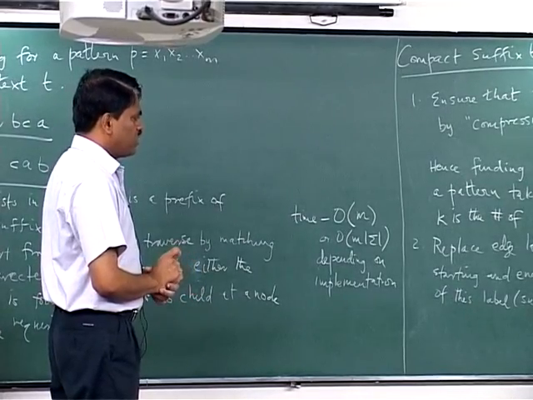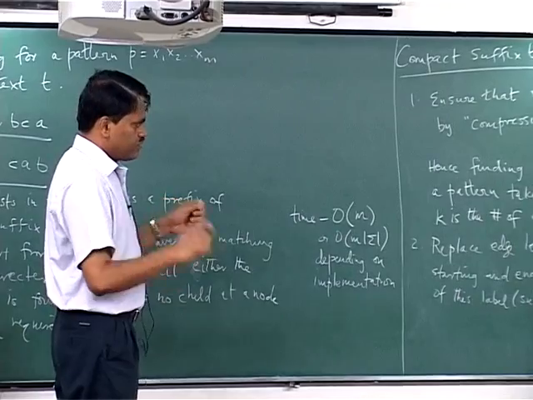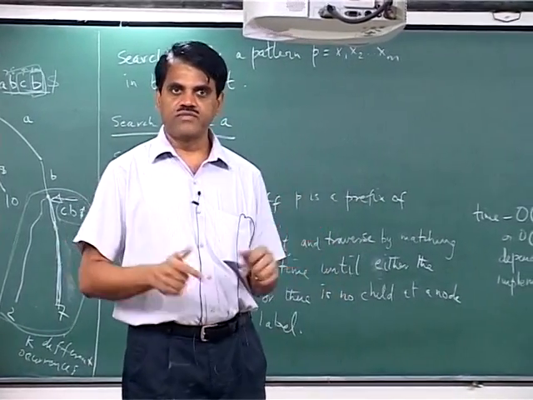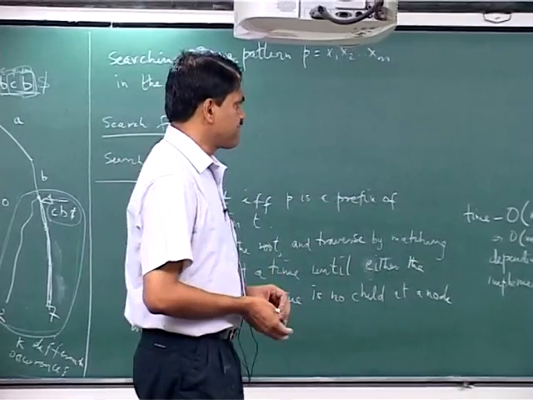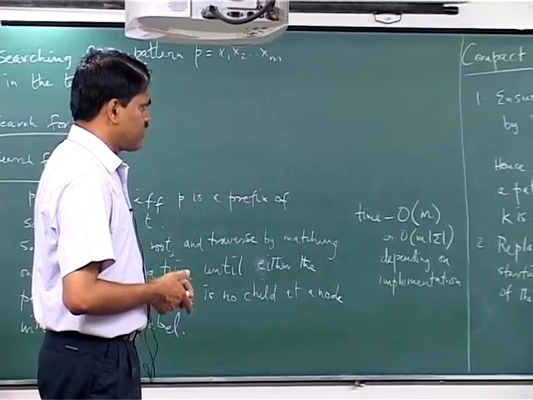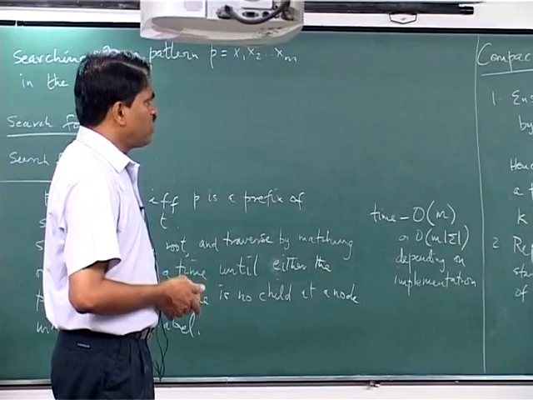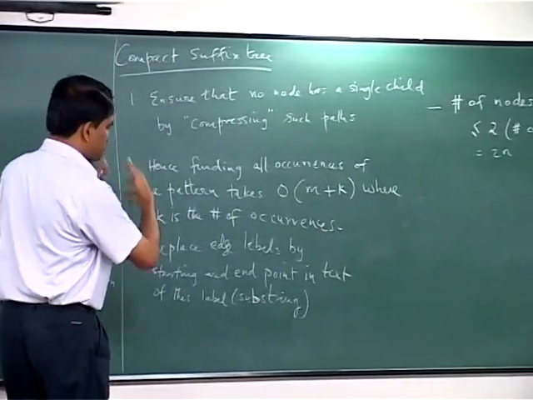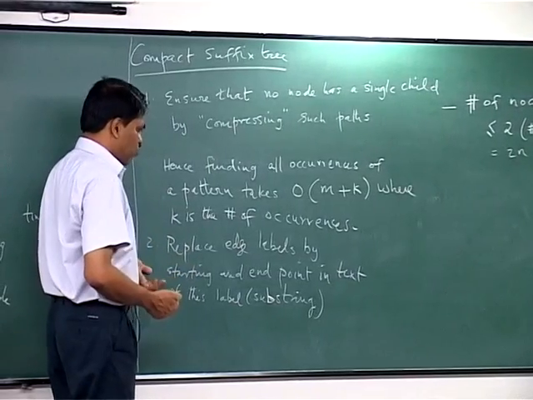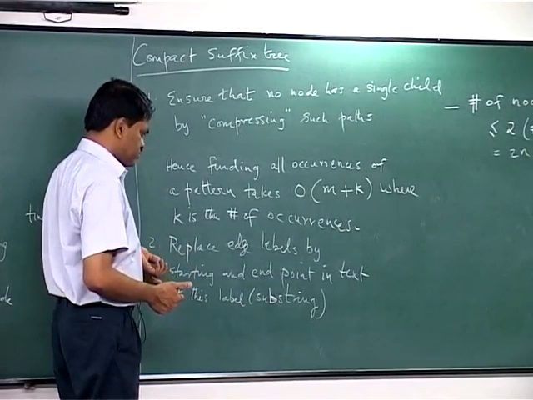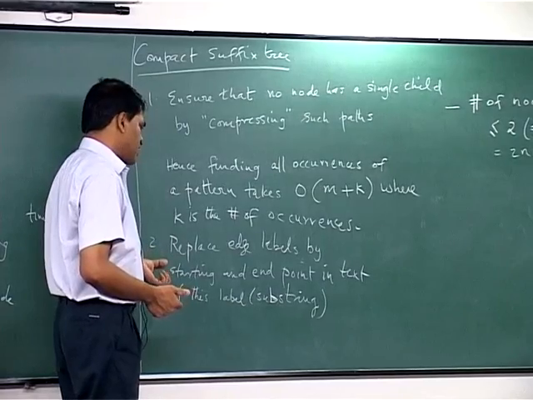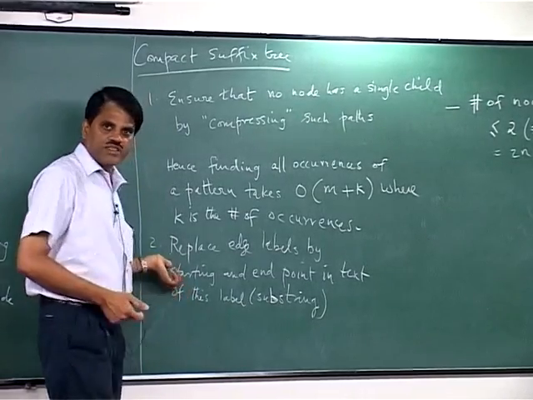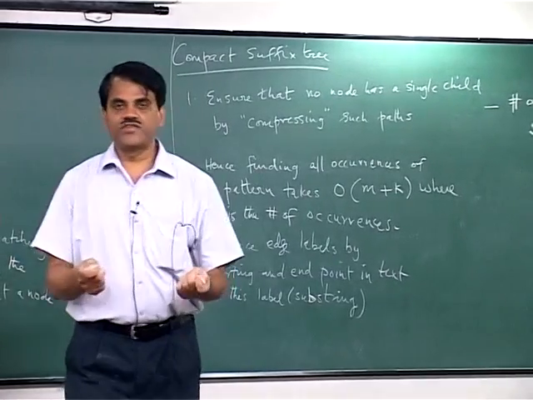Okay, so now you can find whether or not the pattern exists, as well as all occurrences of the pattern, in pretty efficient time. Order m plus k, if k is the number of occurrences. Now I want to tell you more applications of suffix trees. In fact, there are a lot of improvements even to the space usage. There is one idea which says that I don't bother remembering the substring, but I just tell you the length of the substring.